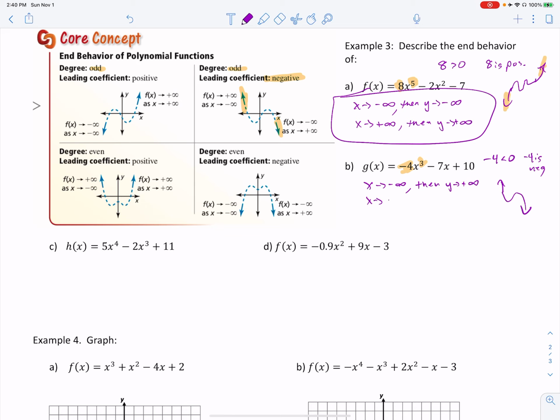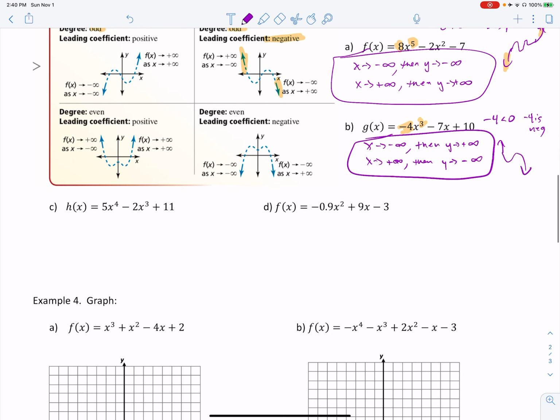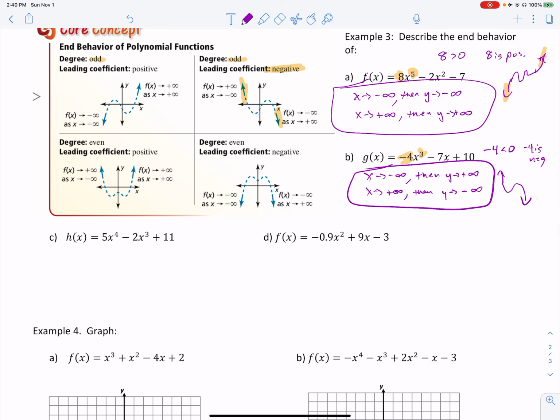As x goes to positive infinity, the function is going down, so then y is going to negative infinity. And that's how you describe end behavior. I put the x part first and the y part second, a little different than what the book has.